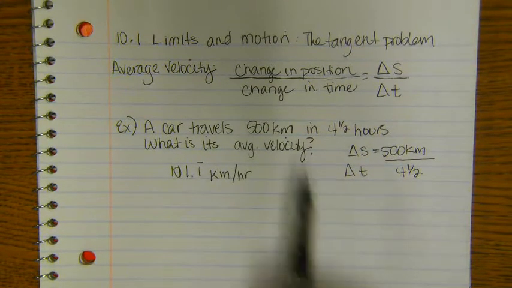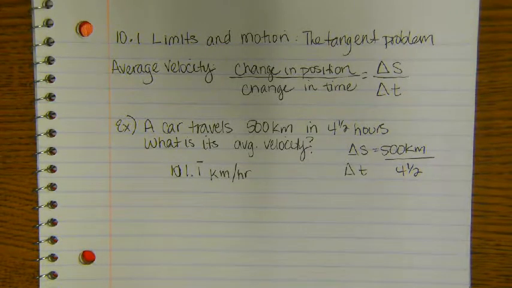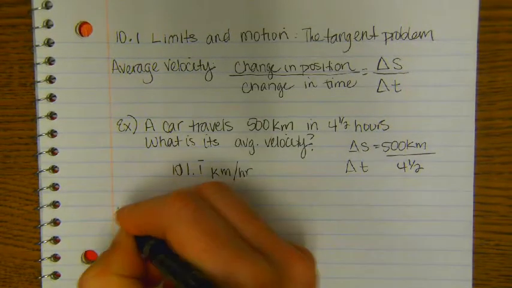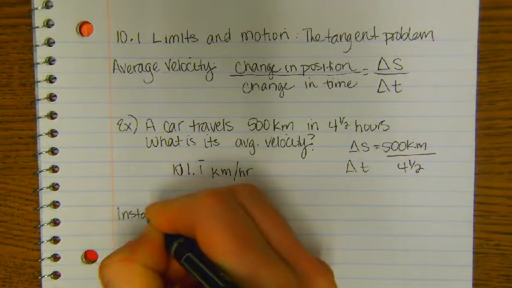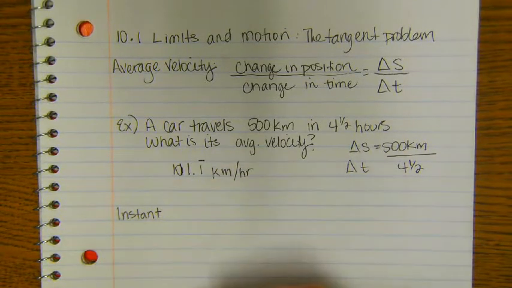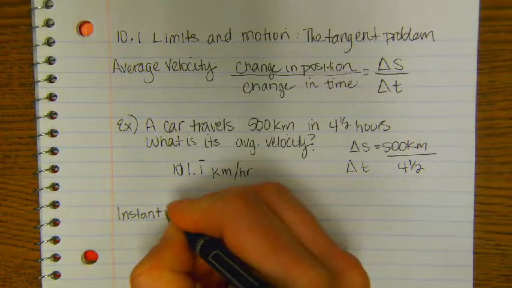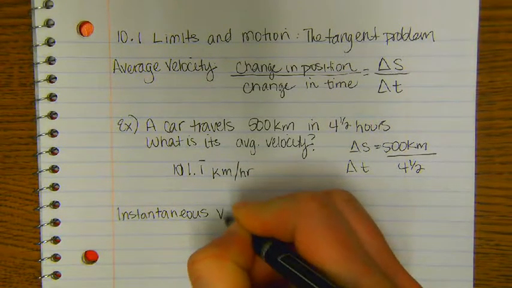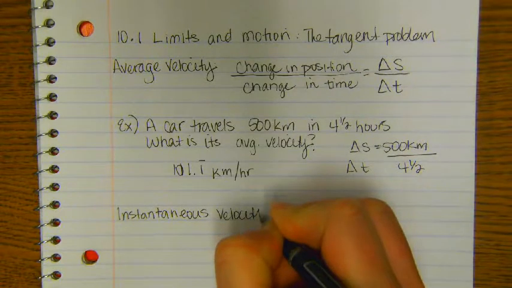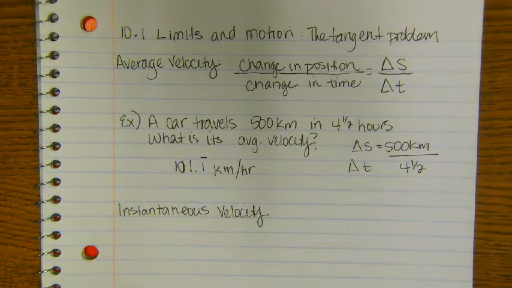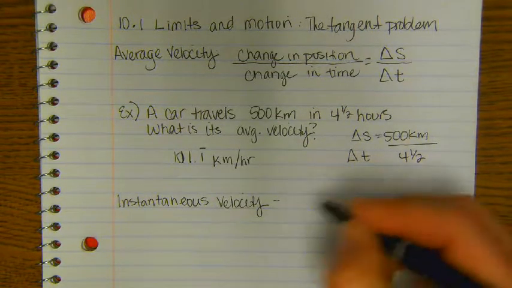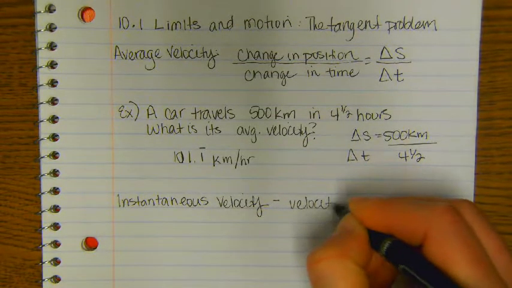So the difference between average velocity, which you already know, and something called instantaneous velocity. This would just be the velocity at a specific time.